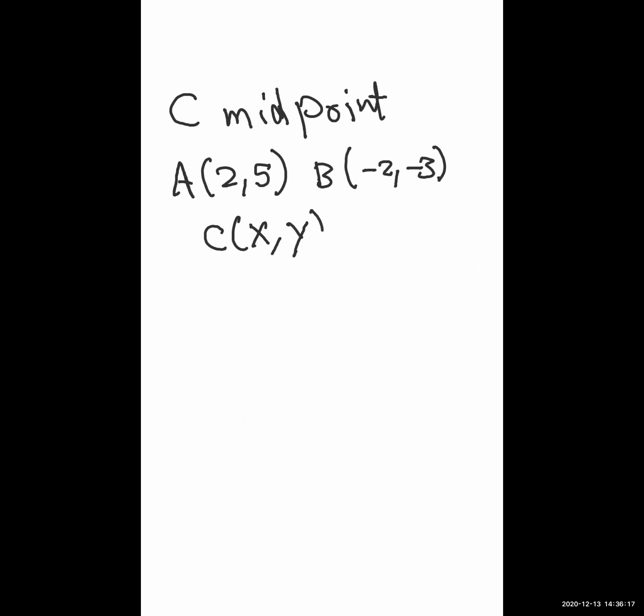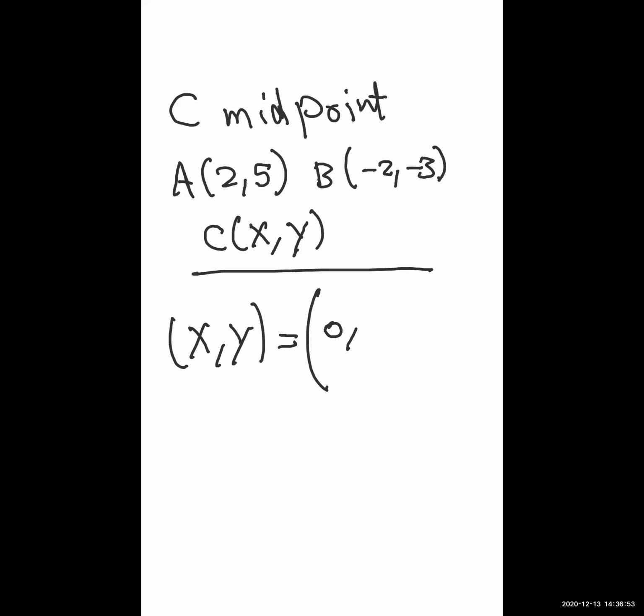So this means I want to get the midpoint. How to get the midpoint, guys? We said that C, which is X and Y, I have to write that C, X and Y will equal the first one, X1 plus X2 over 2, and Y1 plus Y2 over 2. So 2 plus -2, which is 0 over 2, so this means 0.